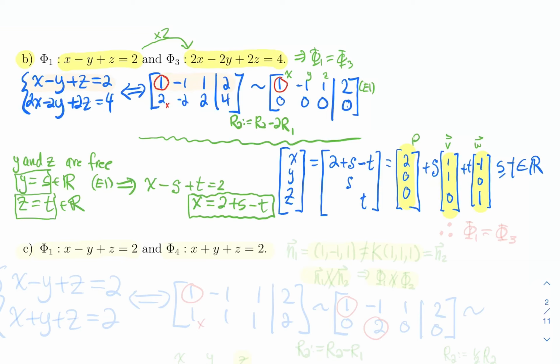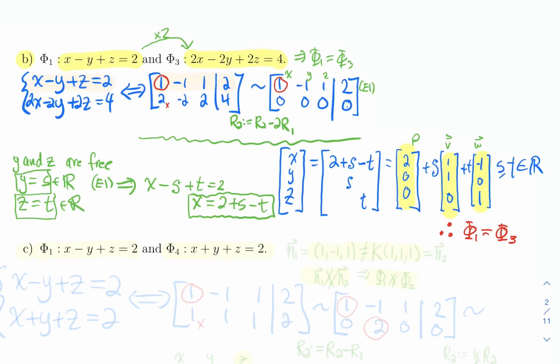So in conclusion for that example, the two planes are equal. We have two free variables. Not only do we know that they are equal, but if you want to go from the Cartesian equation to the vectorial equation of the plane, you could just use a system of linear equations.